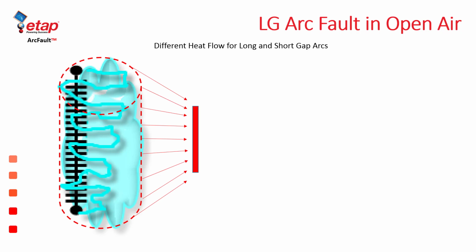A person or a surface area at a certain unit distance away from the arc fault location will experience different amounts of heat, and the length of the arc will be a very important determining factor in how much energy reaches that surface area.